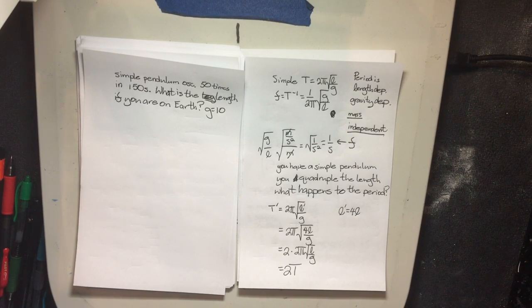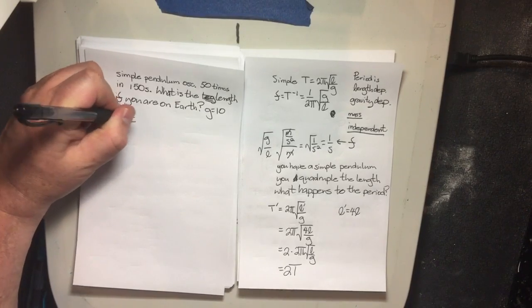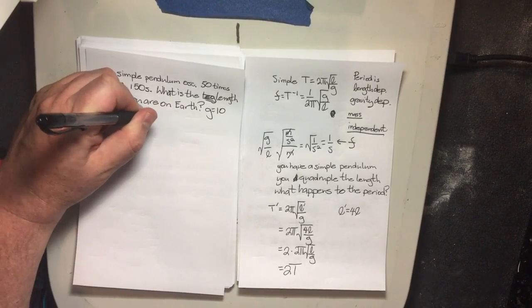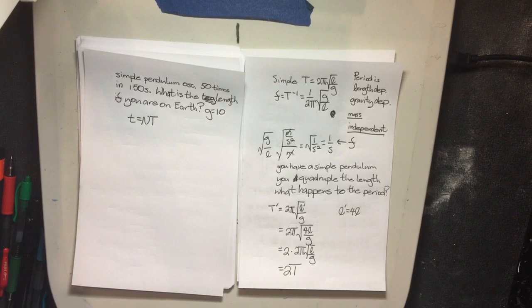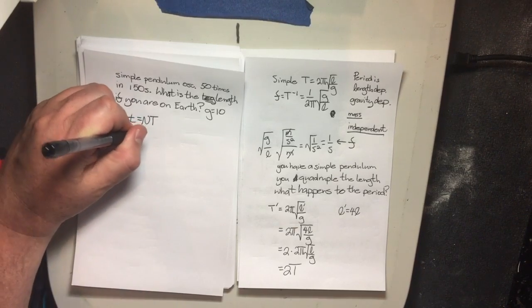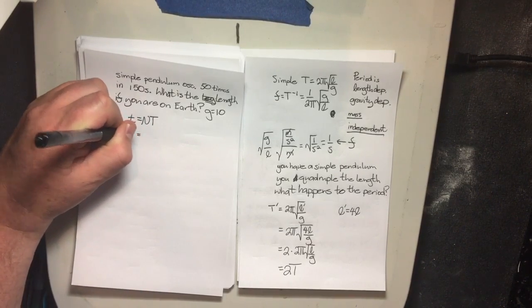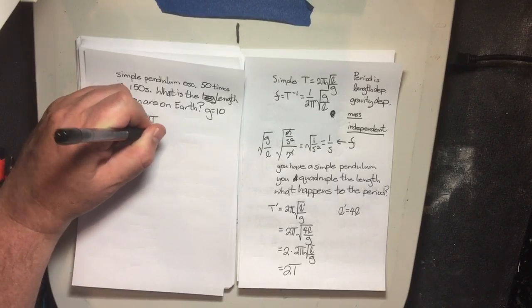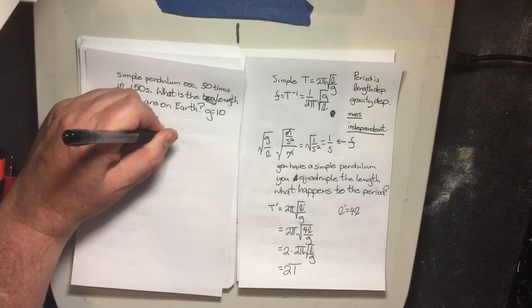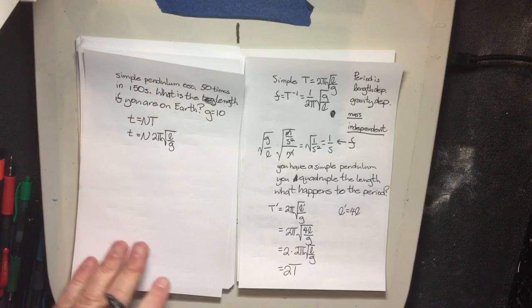Now, the total time is the number of oscillations times the period. So if it took 2 seconds to oscillate once, and if it oscillated 10 times, then you would need 2 times 10 or 20 seconds. So this becomes T equals N times 2 pi square root of L over g.